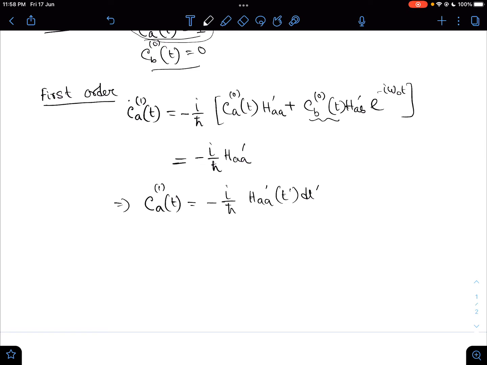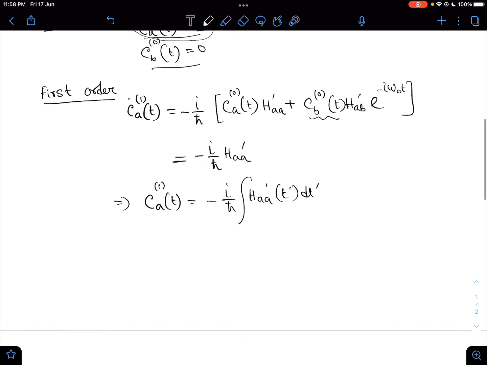We integrate from 0 to t, and with our initial condition, since the system is initially in state 1, we will have 1 here.